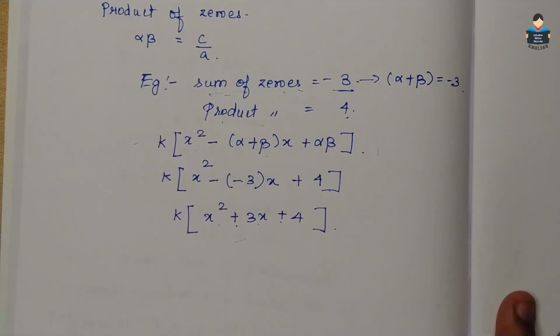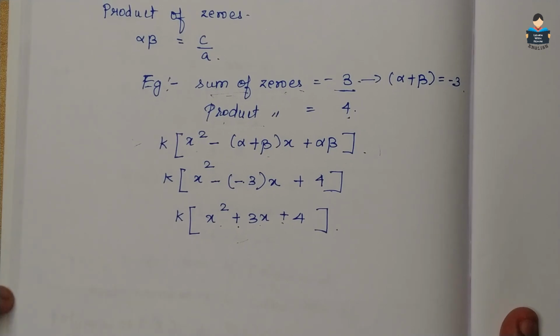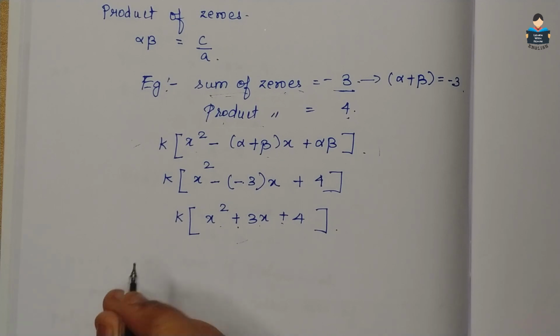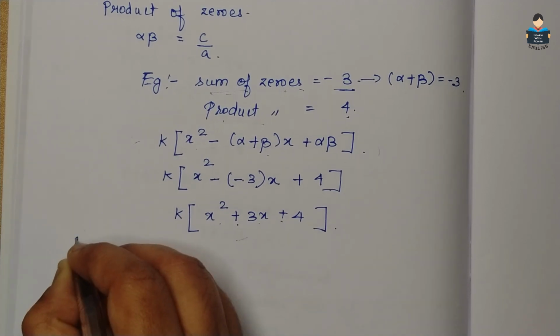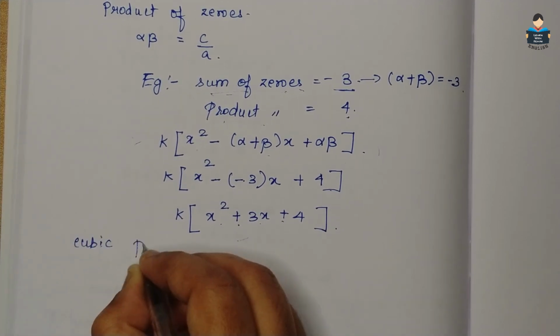When they ask us to verify the relationship for a cubic polynomial, we have other conditions. For a cubic polynomial, we will have 3 zeros.